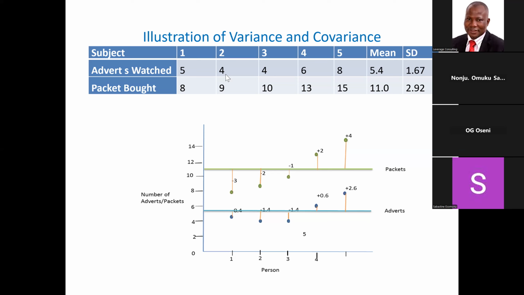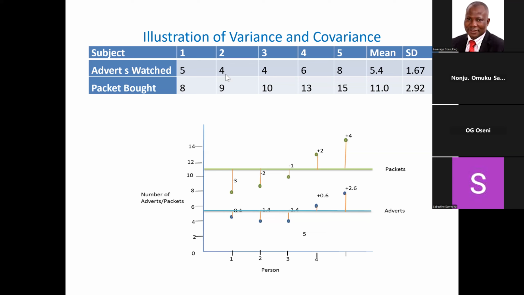The second person watched 4, and the mean value is 5.4, so the value is 1.4 below the mean. That's why it has a negative value, minus 1.4, because it's below the mean. When you remove the mean from each value, the value that is less than the mean will give you a negative.